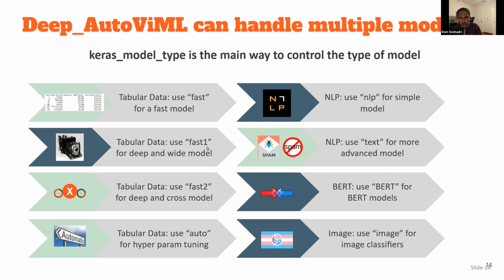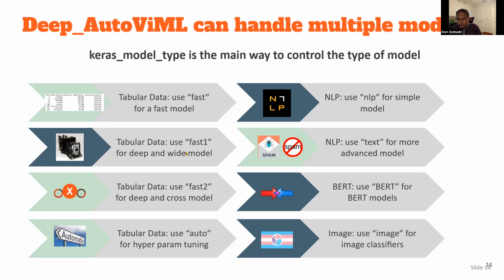Then you can say fast 1 for a deep and wide model. I showed a camera there, because sometimes you can take a picture that's deep, zoom in, or you can have wide, which means you zoom out, or a wide range picture. Same way, you can use fast 1 to build a deep and wide model.